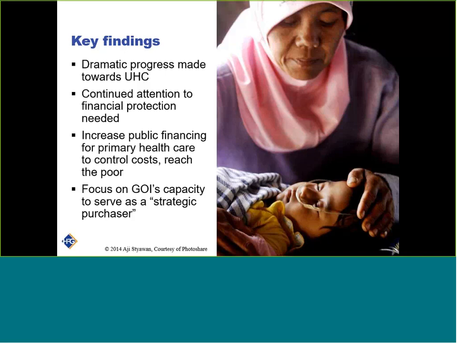The assessment recommended that improved financial protection could be achieved in part by increasing public financing for primary health care, providing greater government-funded subsidized coverage for informal sector workers who were left out of coverage through contributory mechanisms and for the poorest individuals, and also emphasized enhancing the purchasing function.